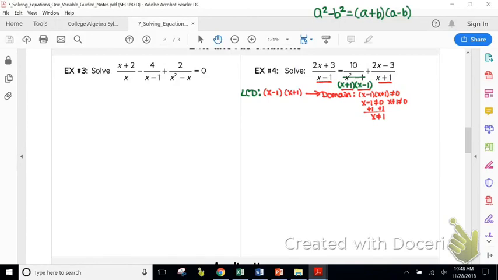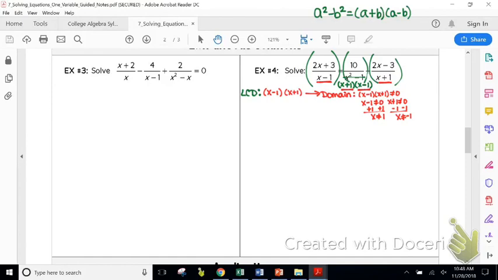So x cannot equal 1 and x cannot equal negative 1. So as long as I don't get 1 or negative 1 in my answer, I'm good. And so now we're going to multiply all three terms here by the least common denominator.